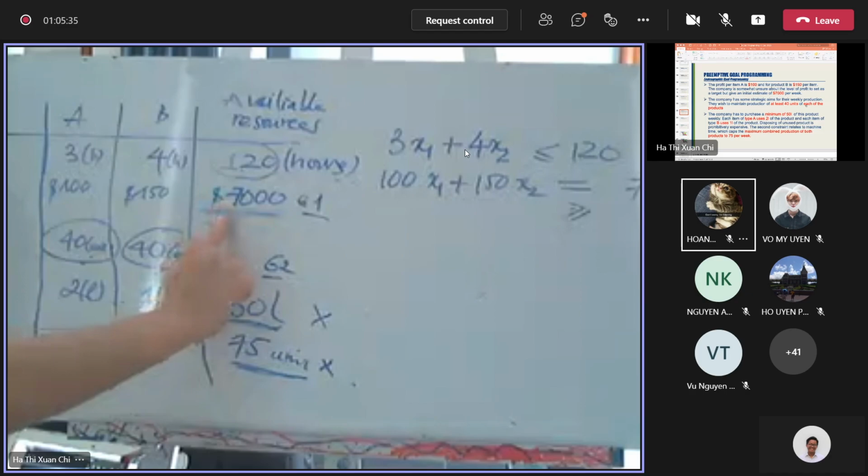Okay. So for the third constraint, everyone, look at here. They want that at least. So it means 40s here.